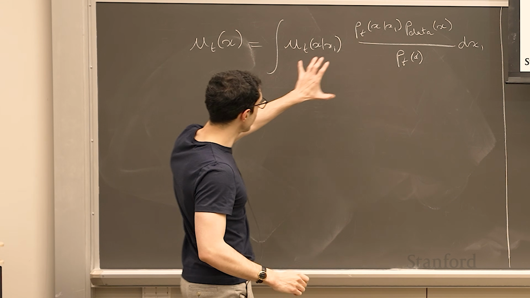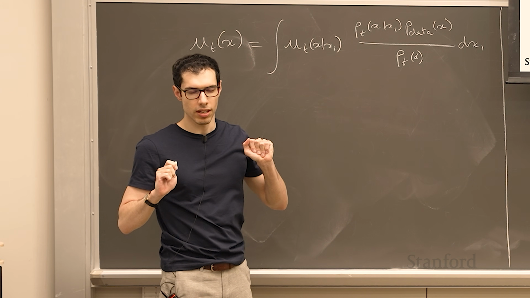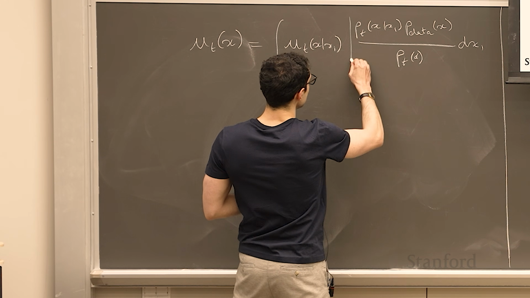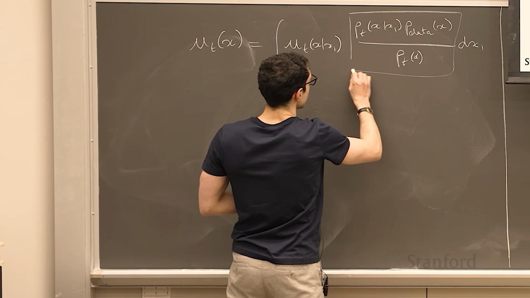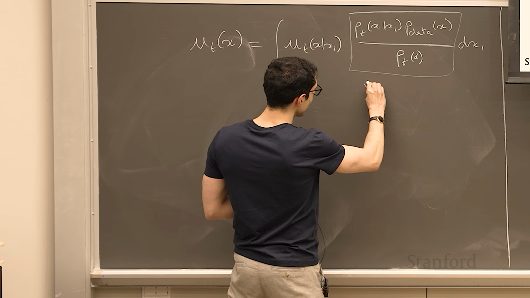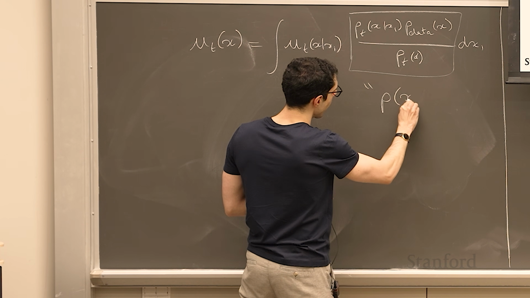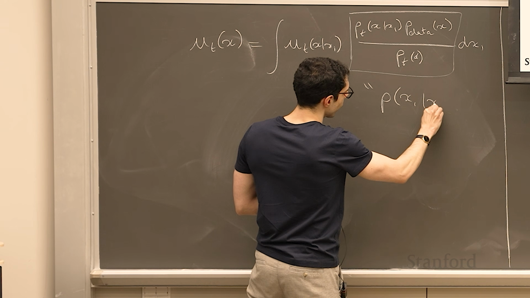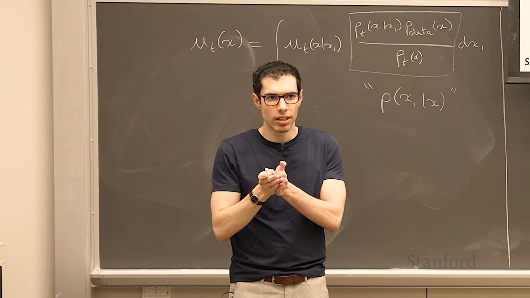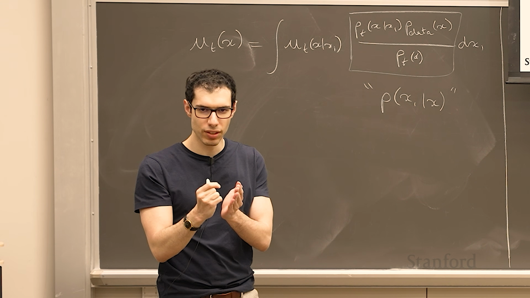This expression may seem scary to you, but if you remember Bayes' rule, you recognize Bayes' rule here, right? A little bit. So it's as if, and I'm going to put this in quotes, it was the probability of x1 being where you're headed, given x, which is where you are.